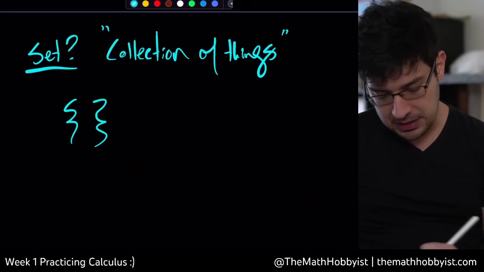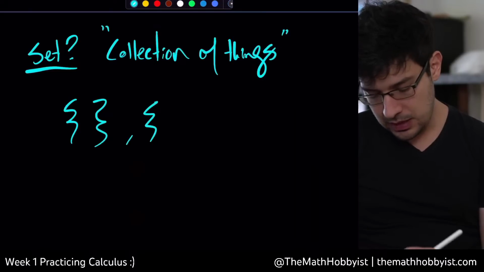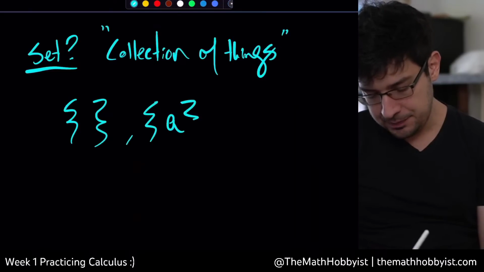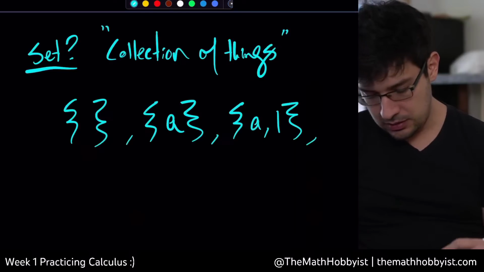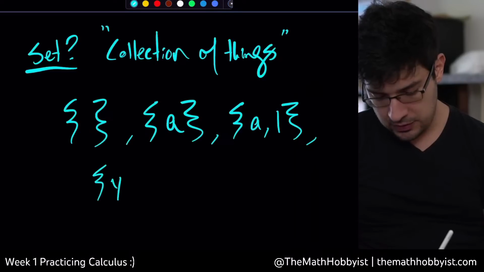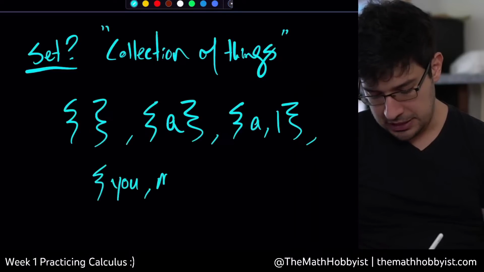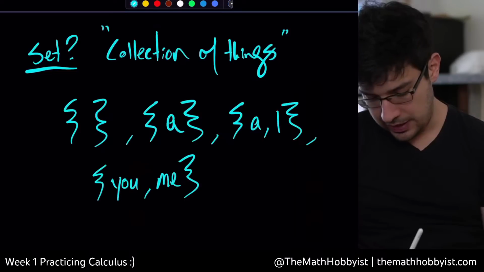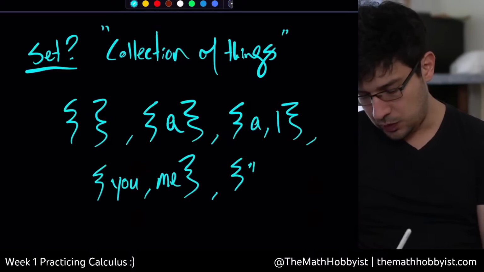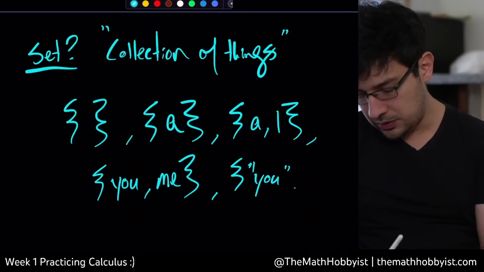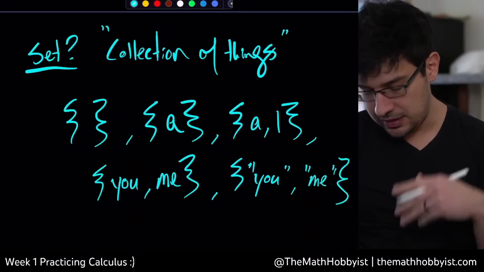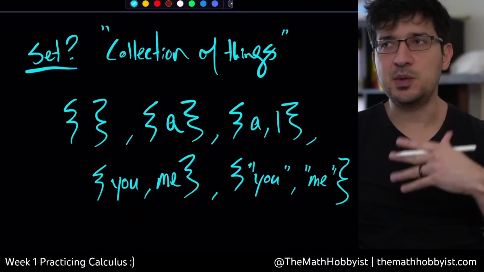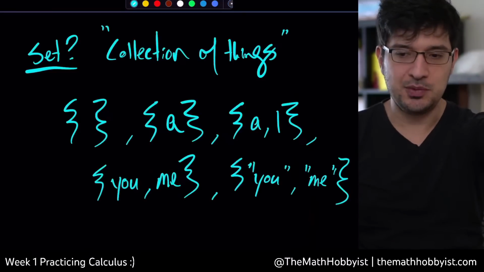It can be empty. It can have the letter A. It can have the letter A and the number 1. It can have you and me. It can have the English words you and me, which is different than the idea of you or me, or actual you and actual me.